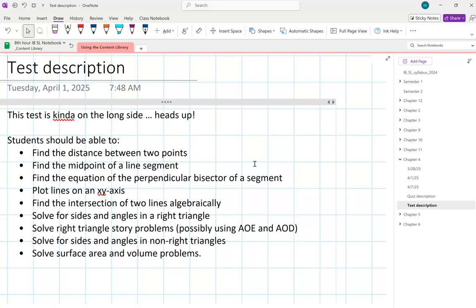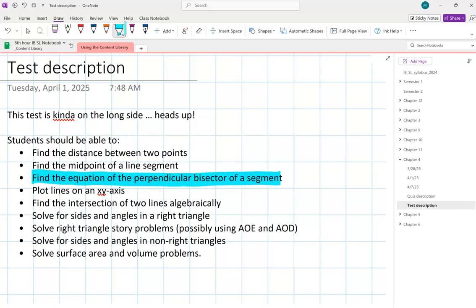So you should be able to find the distance between 2 points, find the midpoint, and the equation of the perpendicular bisector. On the quiz we had some issues here. Most of you found the right slope.